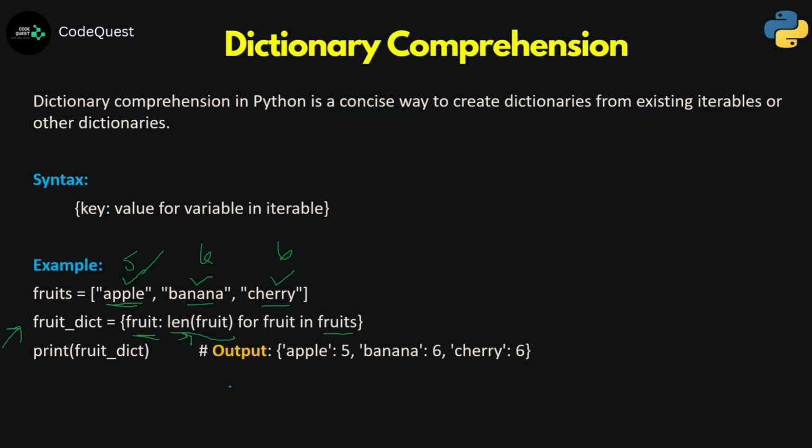As a result, finally we can see the first item is apple, which is the first item in this fruits list, and the corresponding value is the length of this item, whereas the second item is banana, followed by the value 6. Similarly the third one. So here we are able to create a dictionary with the help of dictionary comprehension. Thank you.